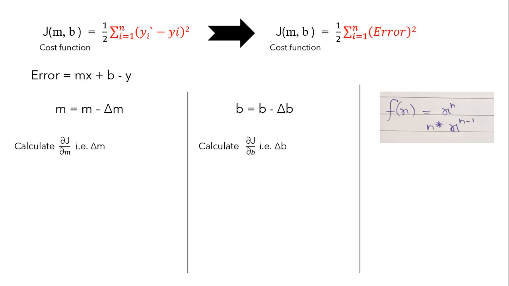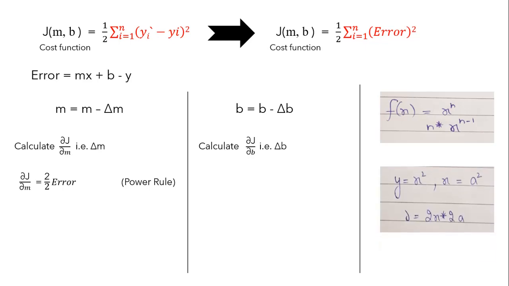The power rule says that we multiply the power with the x coefficient and subtract 1 from the power. So it will become n times x to the power n minus 1. So guys, by using this knowledge, we can now say that delta J over delta m will be twice the error.